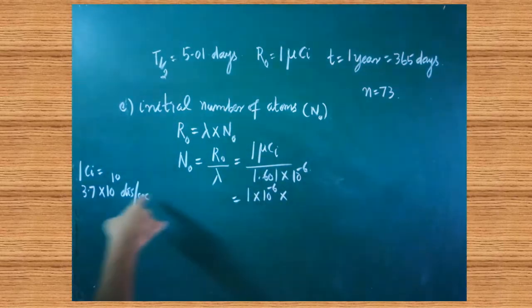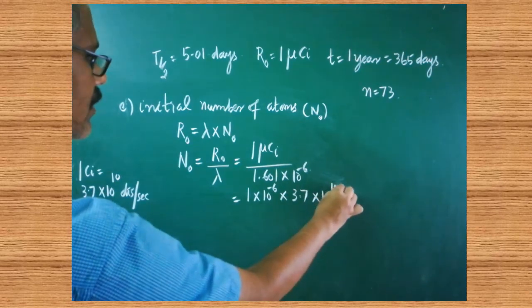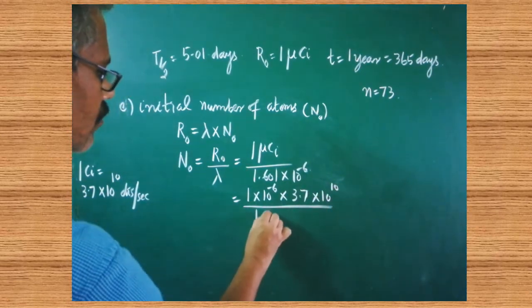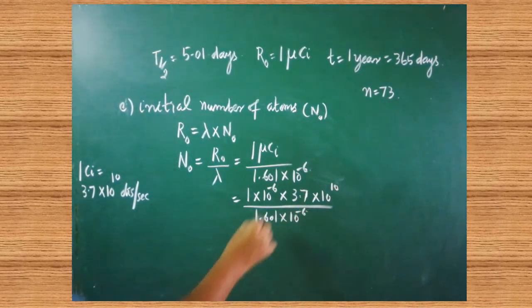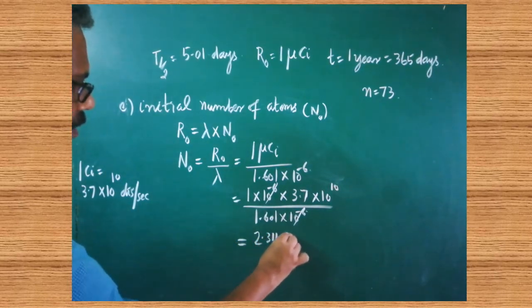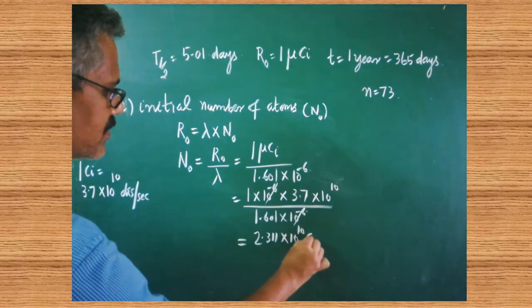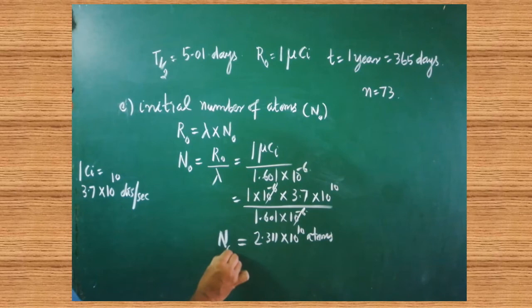For 1 curie, this answer must be substituted. 3.7 times 10 to the power of 10 divided by 1.601 times 10 to the power of minus 6. Here these 2 can be cancelled. So finally the answer will be 2.311 times 10 to the power of 10 atoms. So this many atoms were initially present before radioactivity starts. This is the value of N naught, the initial number of atoms. Okay, thank you.